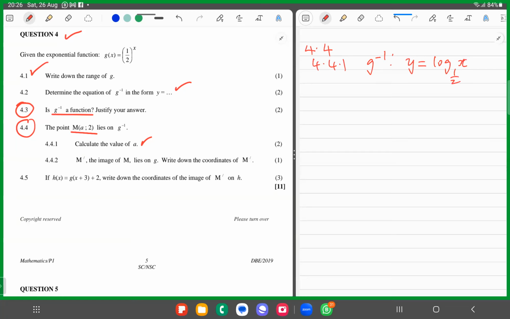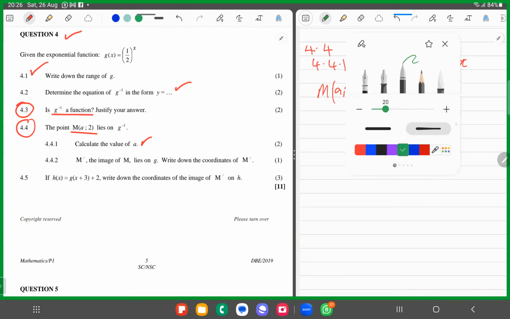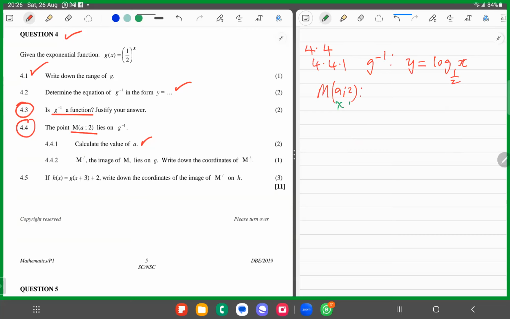So, if this is true, then there is a point M, and this point M has x and y, which means y is 2. The log of what? The log of what is x? X is A, base 1/2. So this is 1/2 squared equals A, which means A equals.